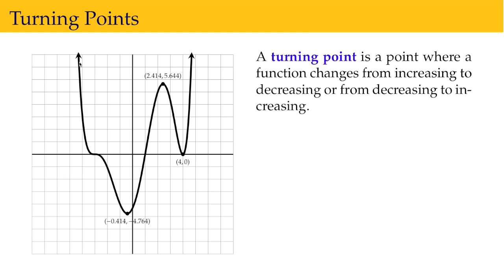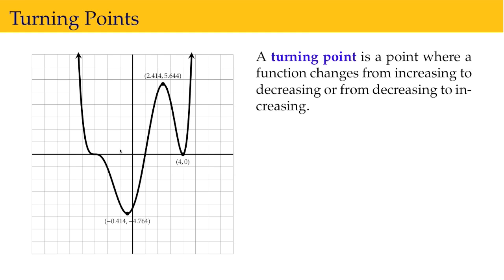When we were talking increasing and decreasing, we always mean as we read the graph from left to right. So even though this arrow is pointing up, as I read from left to right, this is decreasing. And we will always read increasing and decreasing from left to right.